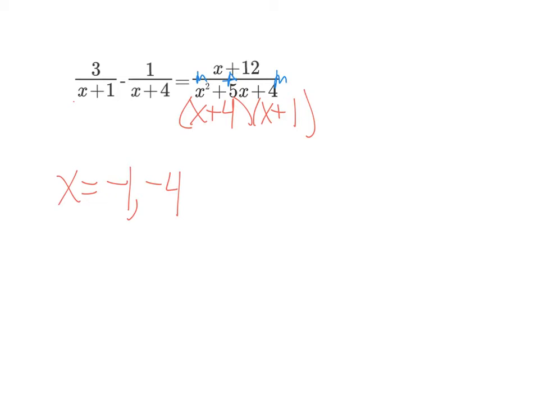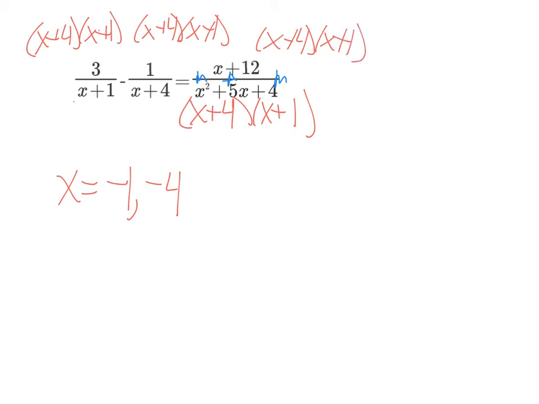Now we have to solve this. We really don't want to deal with a denominator here. That's just frustrating and annoying. So since these have everything in common, we can multiply each term, that whole piece, by this denominator. So I'm going to have x plus 4 and x plus 1, x plus 4 and x plus 1, and over here the same thing.